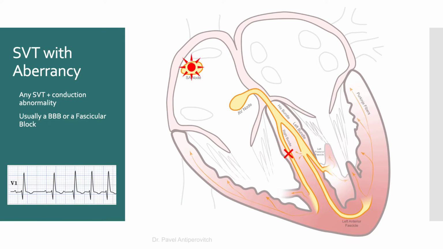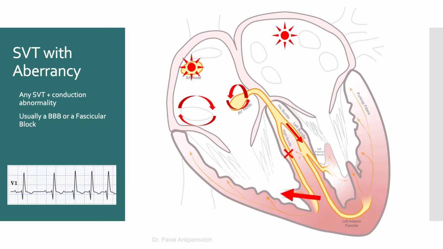In this particular example, any atrial arrhythmia, which includes any sinus arrhythmias, focal atrial tachycardias, atrial flutter, AVNRT, in this patient will conduct with a right bundle branch block pattern. So it'll produce an arrhythmia that is wide QRS and looks like a right bundle branch block, as you can see in the picture on the bottom left of the slide.